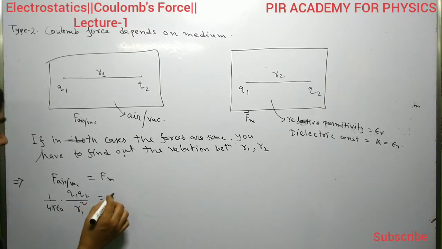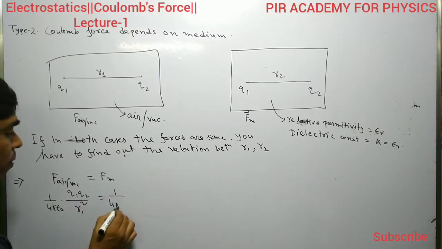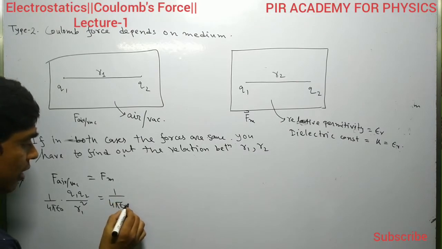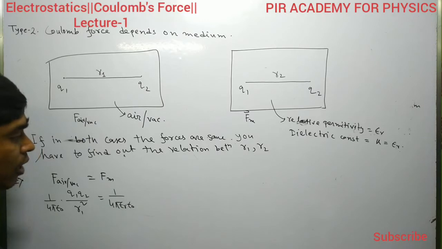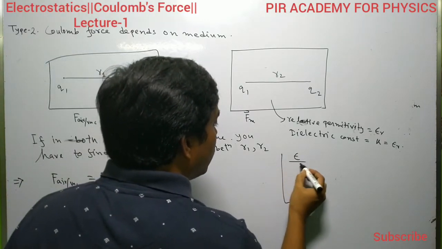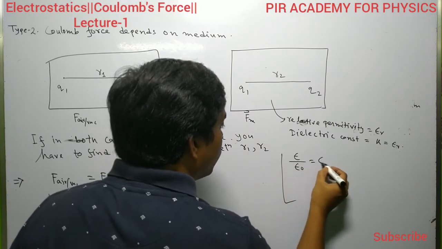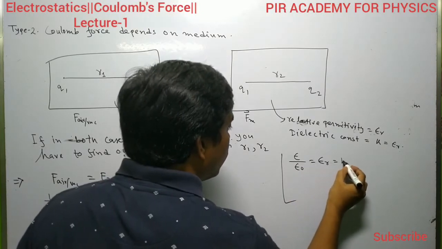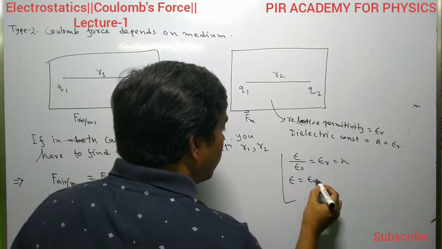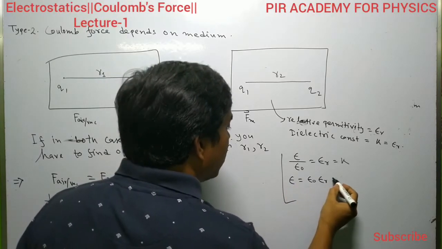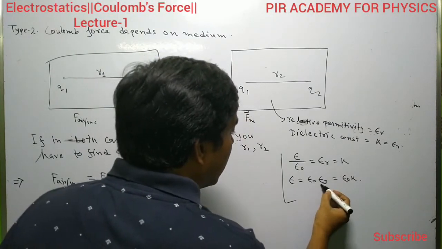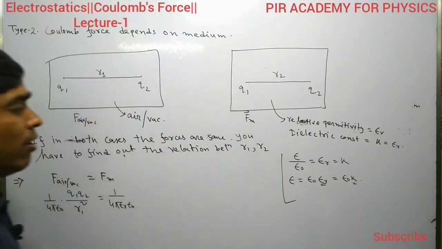In the medium, epsilon equals epsilon naught epsilon r, or epsilon naught k, because epsilon r and k are equal.